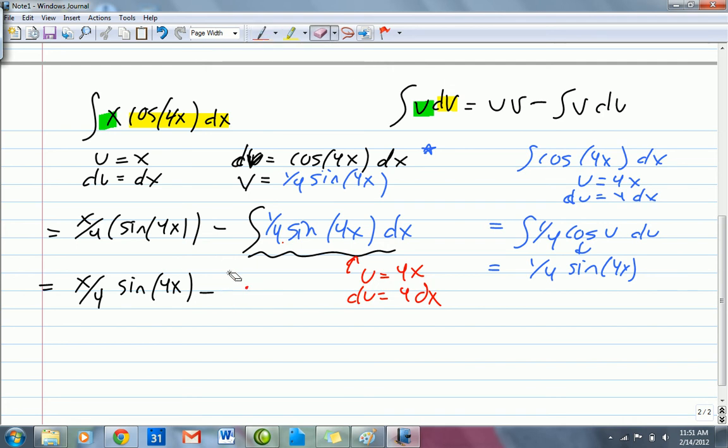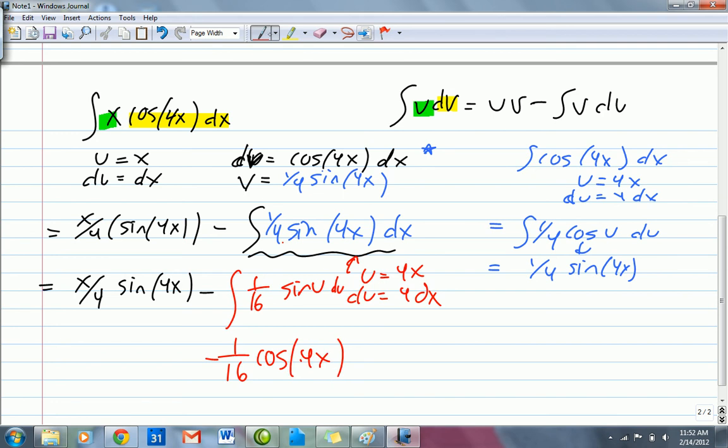Actually, let me not combine steps, just to make it easier. That ends up being 1/4 sine of u, u being 4x, times another 1/4 du. So it ends up being 1/16 sine u du. And now we integrate that. 1/16 sine u, the antiderivative is negative 1/16 cosine of u, which is 4x.